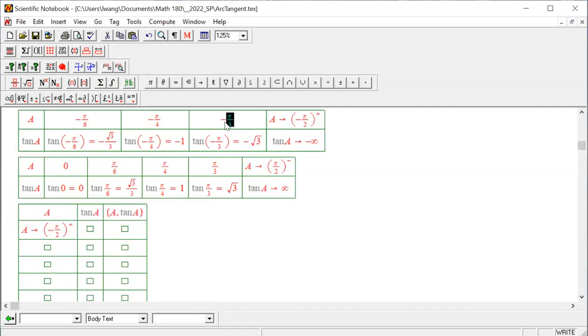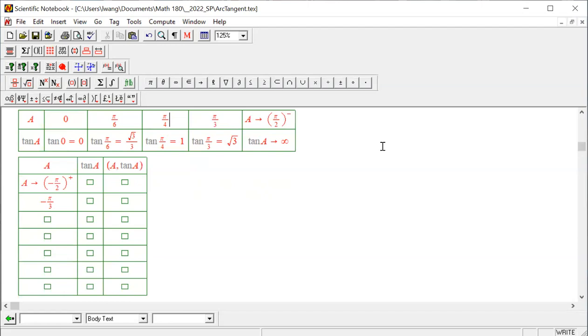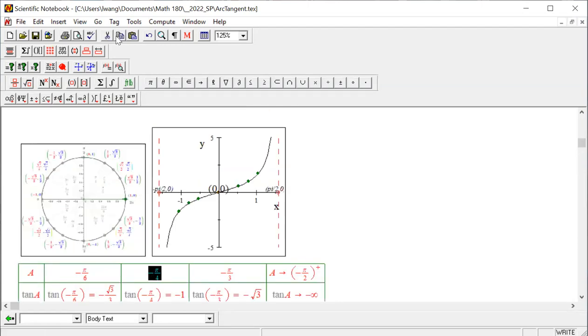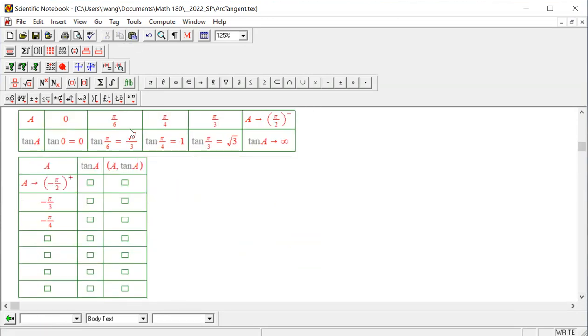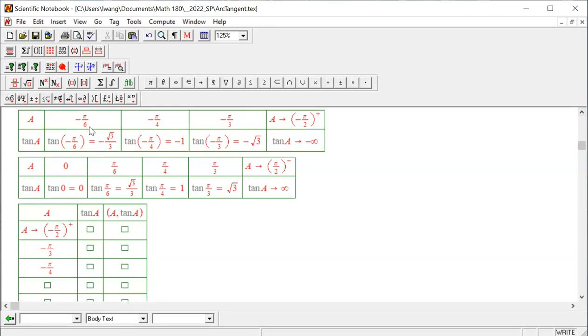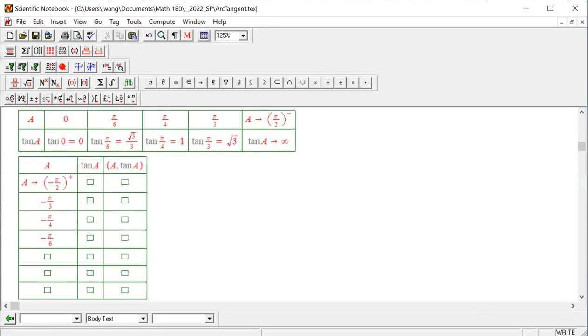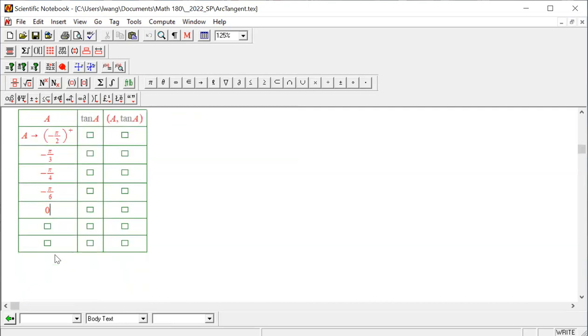Okay, and then we get to negative pi over 3, negative pi over 4, right? And negative pi over 6, right? And then we have a 0.